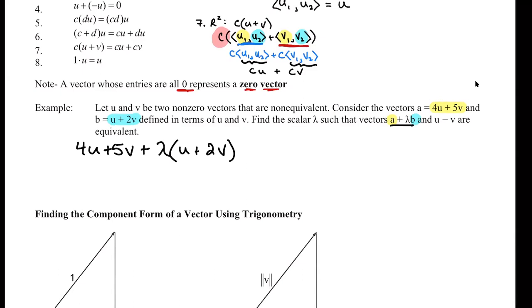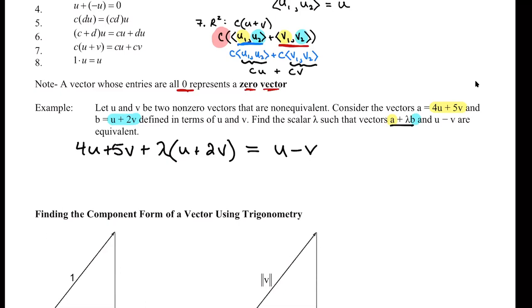Find the scalar lambda such that the vectors A plus lambda B and U minus V are equivalent. Equivalent meaning mathematically equal. So this expression should be equal to U minus V.